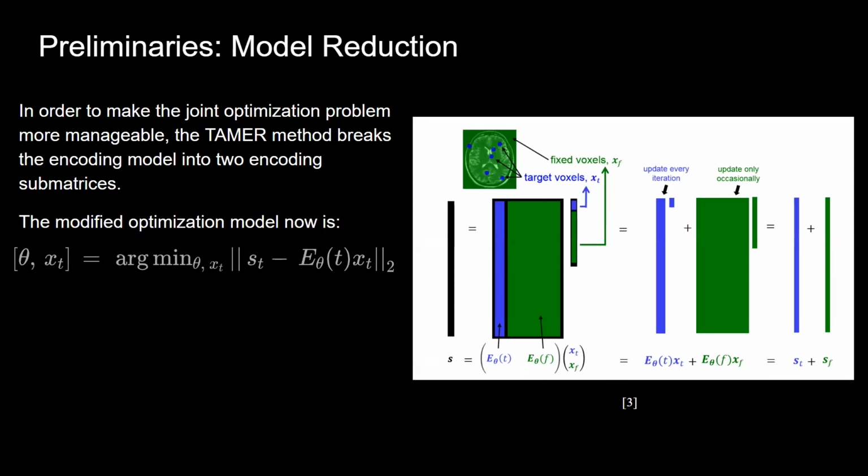Okay, in order to make the joint optimization more manageable, and as you probably noticed in the last slide, trying to solve that is going to be a pain and really not efficient, actually. So the TAMER method came up with a new way of going about optimizing. Here we have an encoding matrix, E, and it's split into two submatrices. There's the encoding matrix associated with the vector x_t, which is the target voxel values, and then the encoding matrix associated with x_f, which is the fixed voxel values.